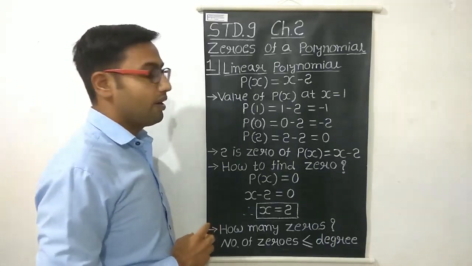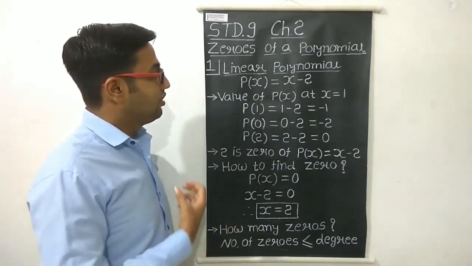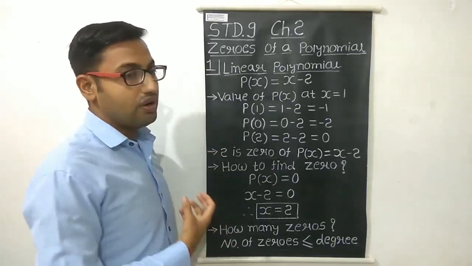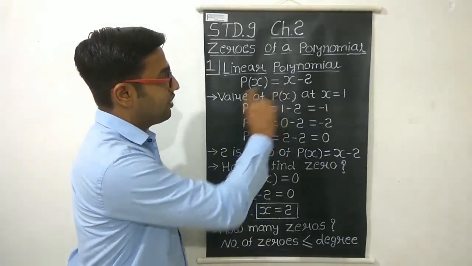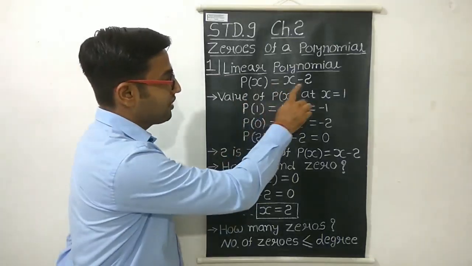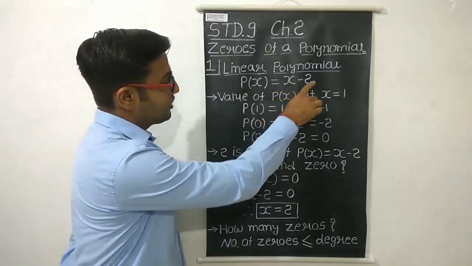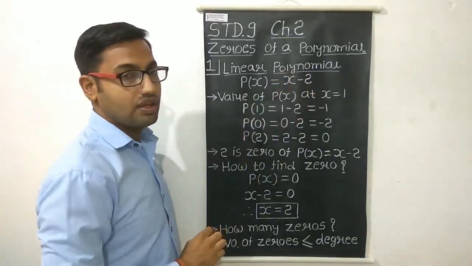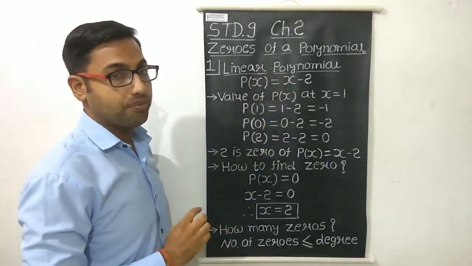Okay, so till now, we know what an expression is: some particular type of expression in which, if the variable is only one, then it is called a polynomial. Suppose x minus 2. We see here that there is only one variable x and its power is 1, which is a whole number.